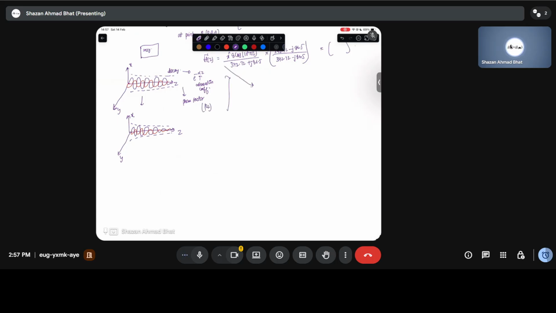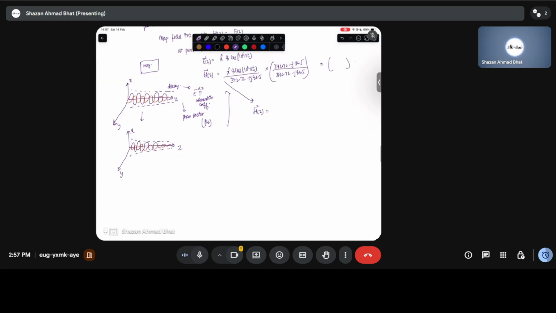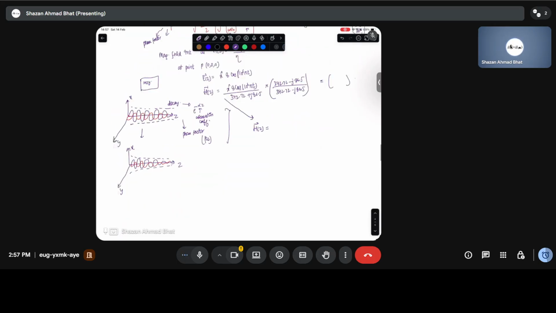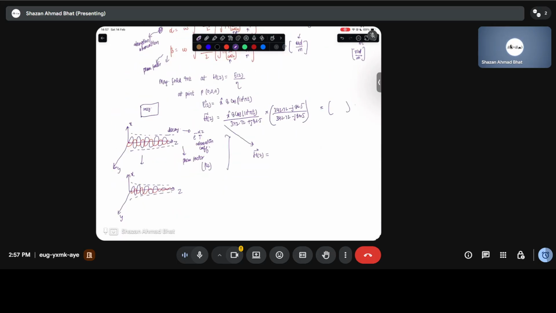So overall, Hz is basically going to look, if you keep the impedance as such for now, like this. Pardon me, this is not the x direction.